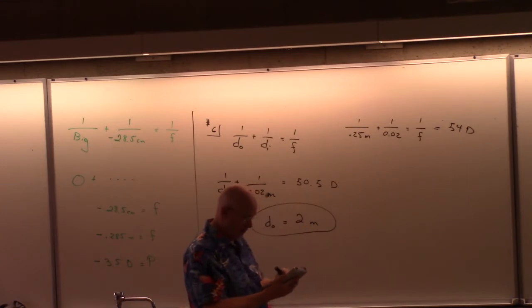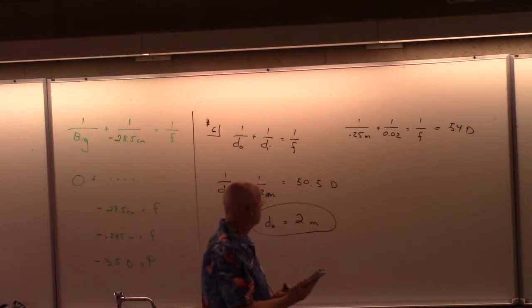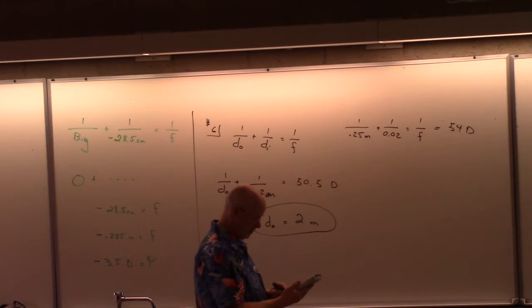Maybe if I forgot it, I'll just recalculate it here. So 0.25 reciprocal plus 0.02 reciprocal equals, oh good, 54.